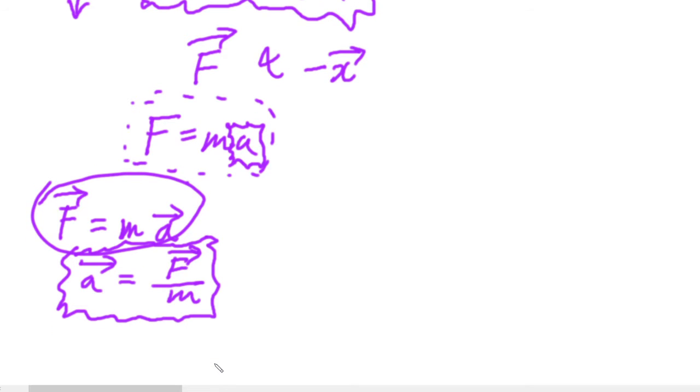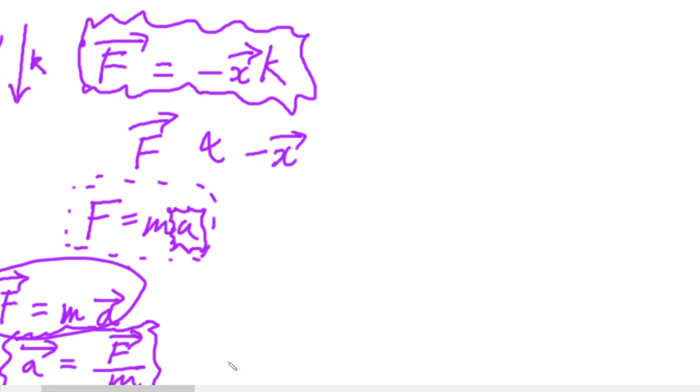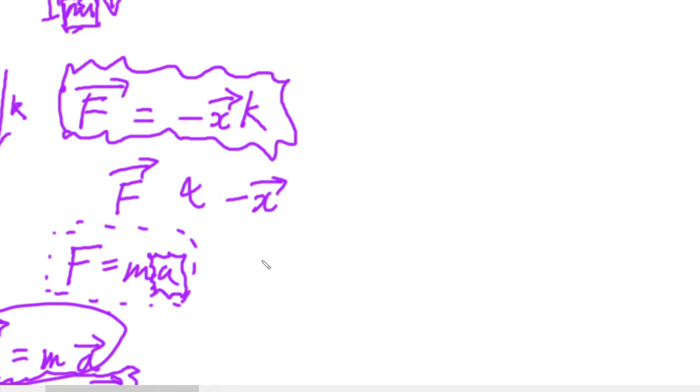So this makes more sense in my head than F is equal to ma, even though this is easier to remember. Acceleration vector is equal to the force vector divided by the mass, or F is equal to ma, and so we get ma is equal to minus the displacement, the negative of the displacement, times k, which is the spring constant, or some constant of proportionality.